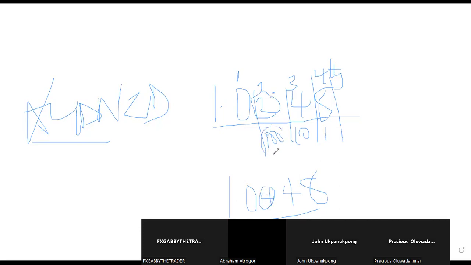And then we try to match it in the box. What is the unit here? This is 100. So that means AUD NZD went up currently by 200 pips.